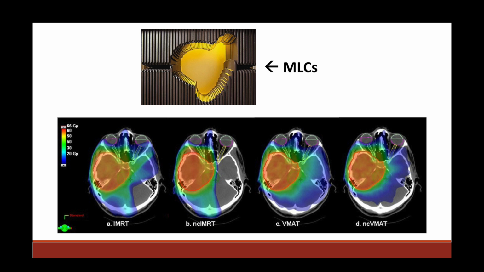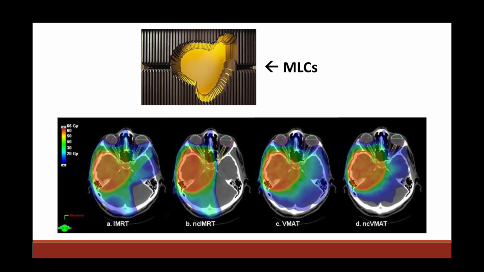But these MLCs can move in and out of our treatment field, and they can move dynamically while the radiation is being delivered. And that's where the intensity modulated radiation therapy name comes from. We're not actually modulating the intensity of the beam as it leaves the machine, but what we are modulating is really its fluence, meaning where that beam is hitting the patient based on the movement of these MLCs.